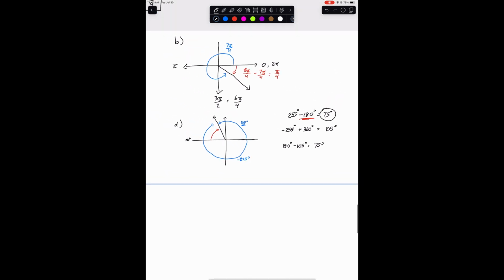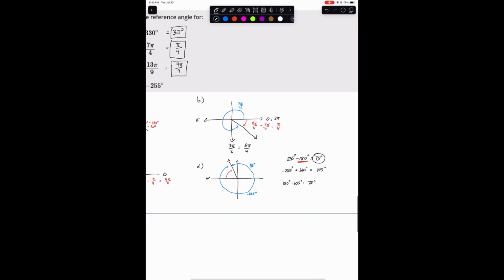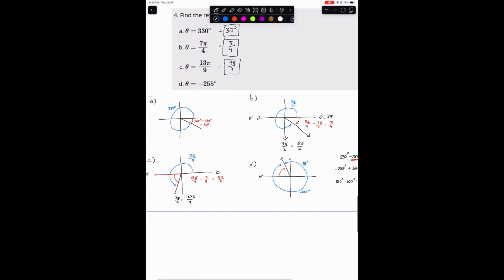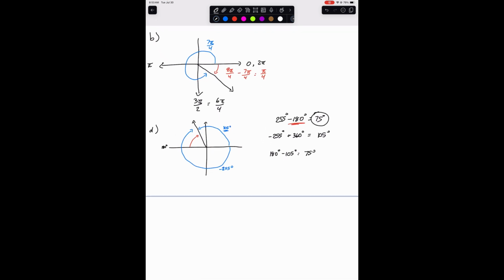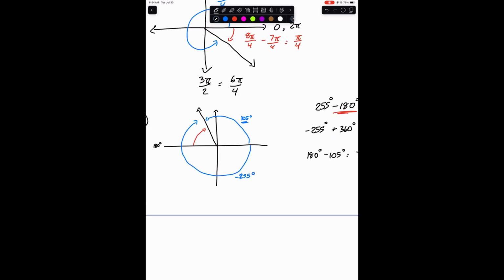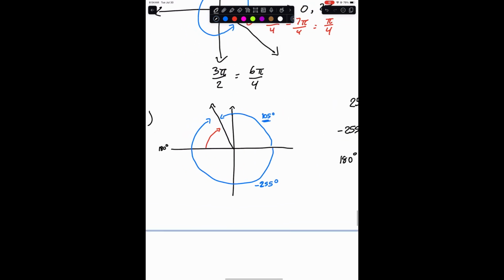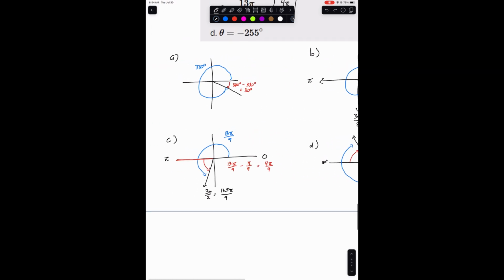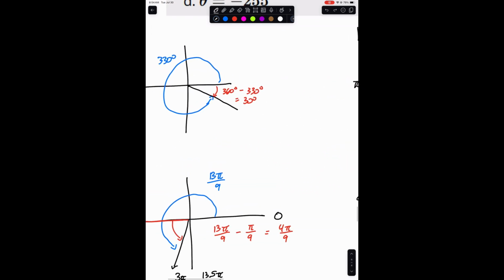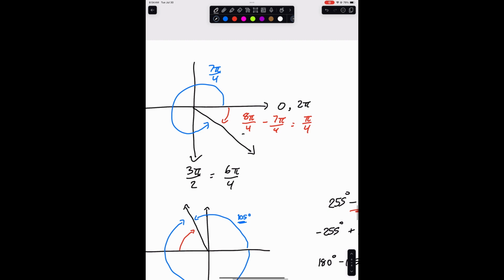You don't have to draw the angle to scale. I'm trying to eyeball it for your visual, but if you don't remember, just kind of draw it some way. The important part is you understand how to subtract your big angle, so it's either 180 or 360, and the angle you have. So you notice all my calculations, I have a 360, there's the 2 pi, same thing.